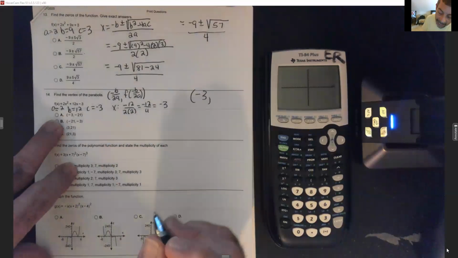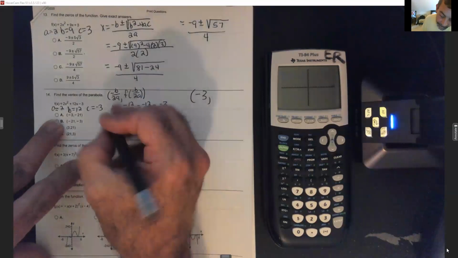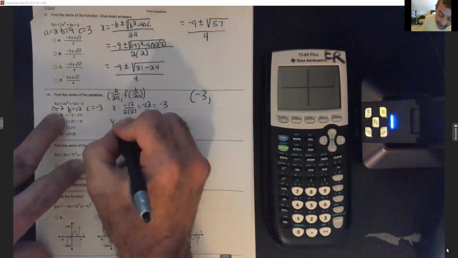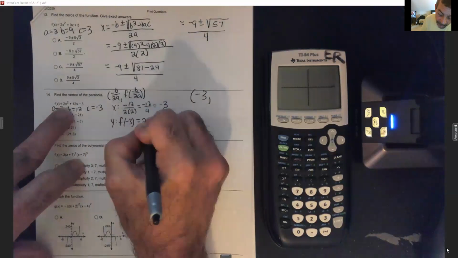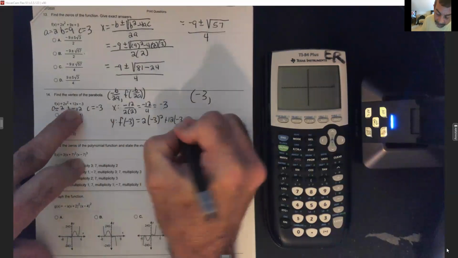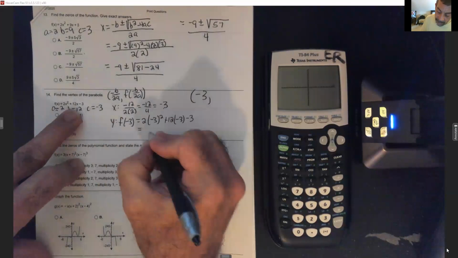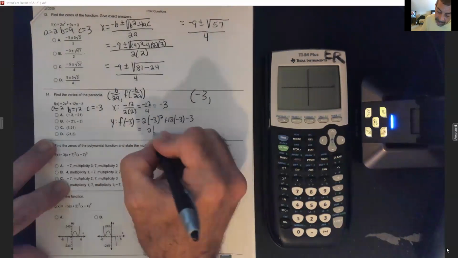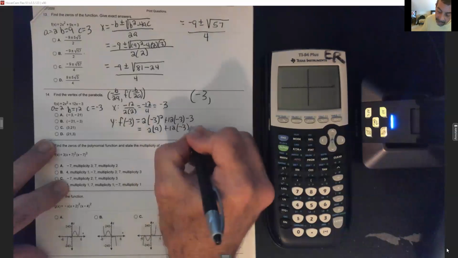So to find the y coordinate, I put that negative 3 back into the function. So we're finding f of negative 3. That's going to equal 2 times negative 3 squared plus 12 times negative 3 minus 3. Okay, so negative 3 squared is 9. So 2 times 9 plus 12 times negative 3 minus 3.